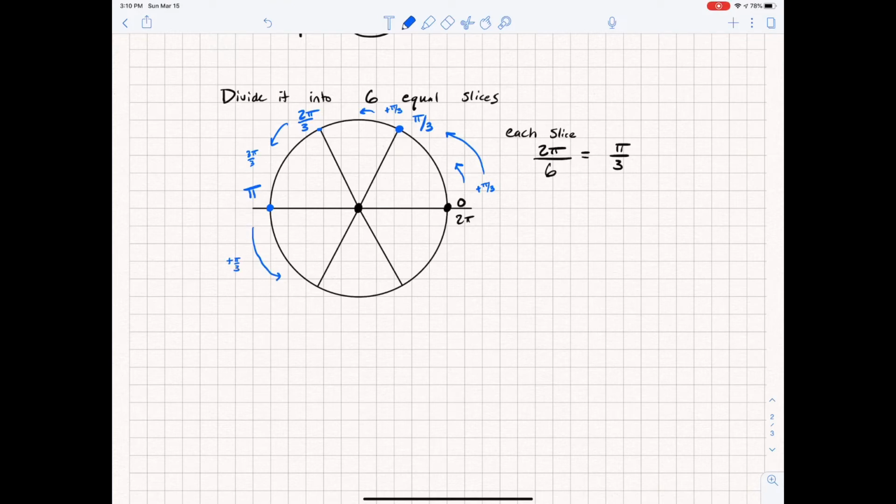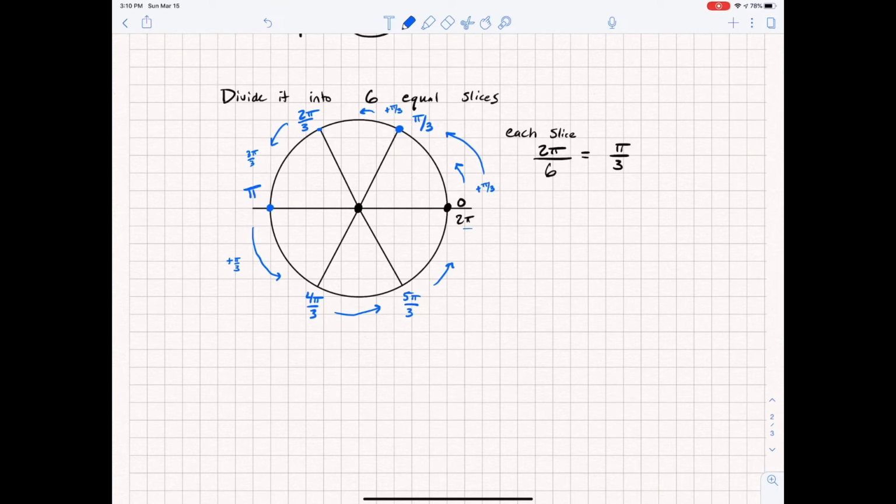Well, this is 3 over 3 here. And so when I add another pi over 3, we're going to get an improper fraction. It's going to be now 4 pi over 3. And then if I add another pi over 3 to that, that'll now be 5 pi over 3. Add another pi over 3, 6 pi over 3, and it's going to get me now to 2 pi.